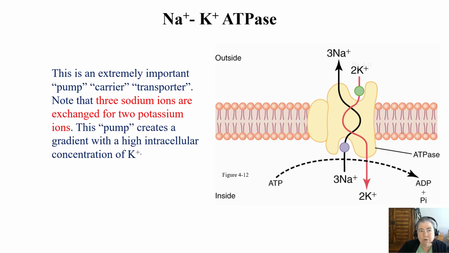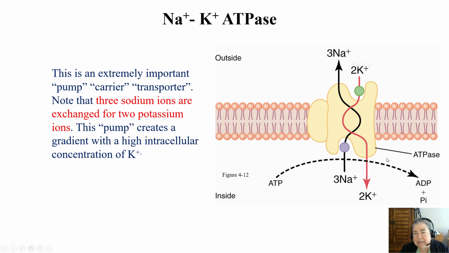So this pump, this sodium potassium ATPase, can be called a pump, a carrier, or a transporter. It works by the use of ATP, and it's called an ATPase because it's an enzyme that breaks ATP into ADP, right?